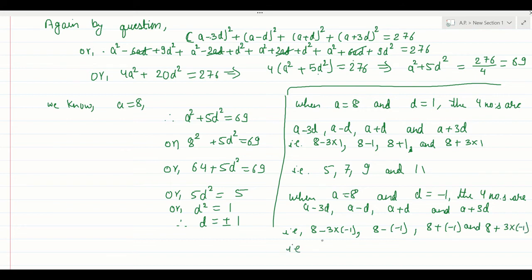It will give 11, then 9, then 7, and at last 5. So the four numbers in AP are 5, 7, 9, and 11. Even you can say the four numbers in AP are 11, 9, 7, and 5. Is this clear? Okay, let's go to next question.